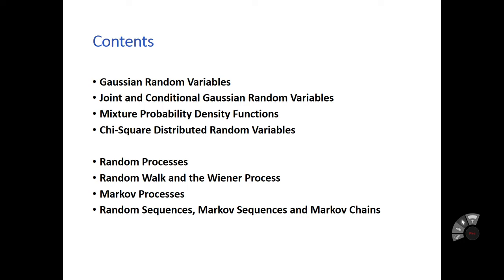Today we will cover these topics: Gaussian random variables, joint and conditional Gaussian random variables, then mixture probability density function, chi-square distributed random variable, then there are some process noise like random process, random walk, linear process, Markov process, random sequences, Markov sequences, and Markov chain.